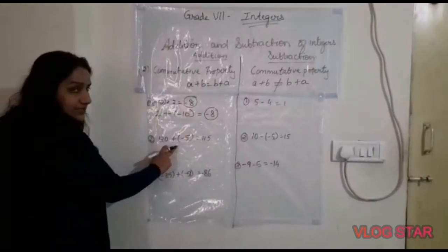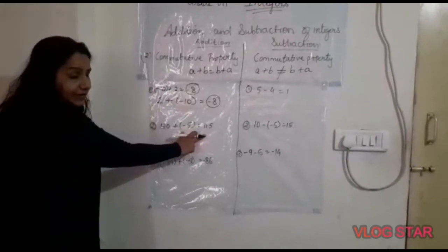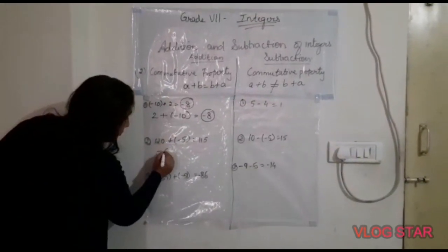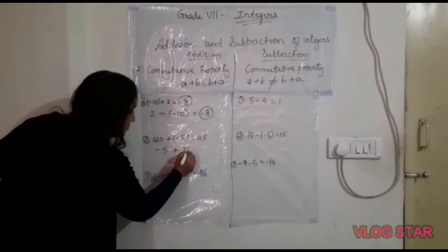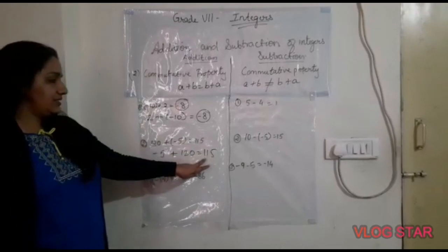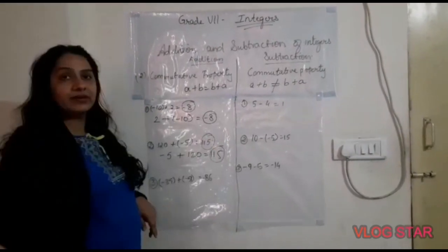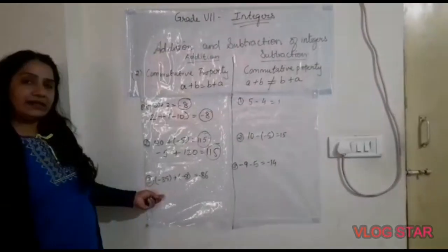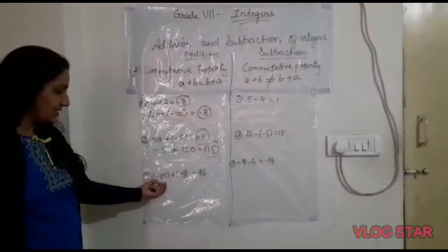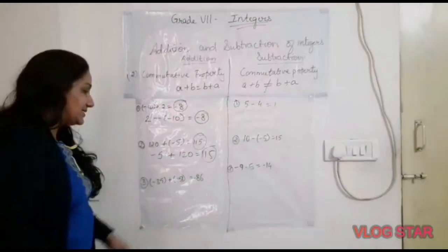In the same way, let's see another example. 120 plus minus 5 gives us 115. If I change the order, minus 5 plus 120, again the answer is 115 only. So there is no change in the result. Let's see another example. Here minus 35 plus minus 51 gives us the answer minus 86.